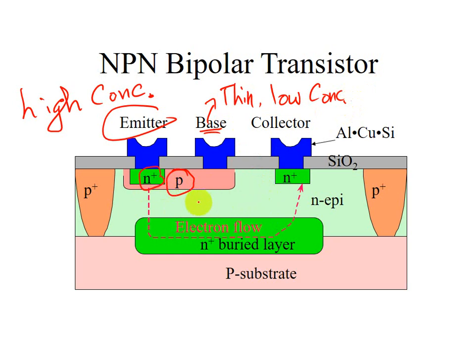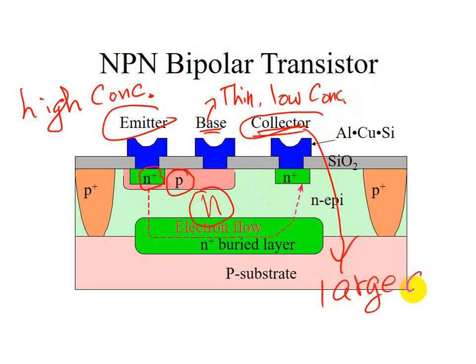For the other N section, the collector, large area. And low concentration. Actually, concentration here is not the thing we're worried about. So basically emitter, base, and collector have different geometry and dopant concentration.